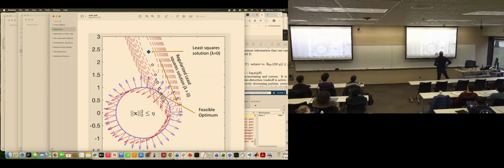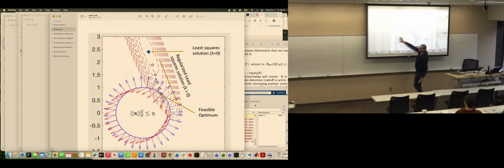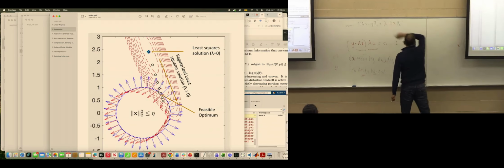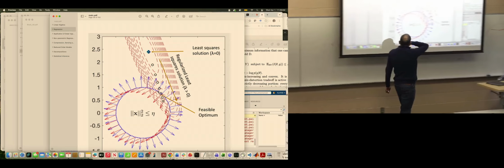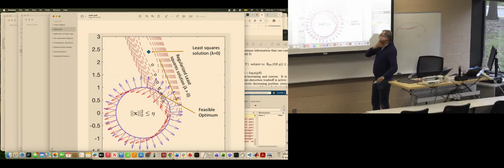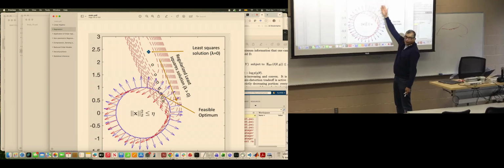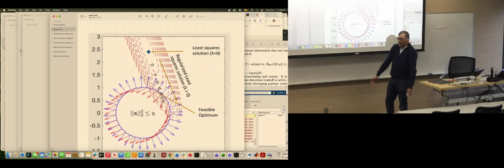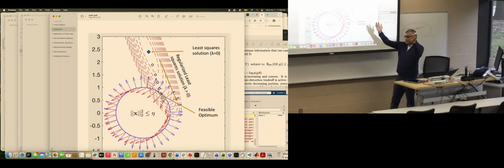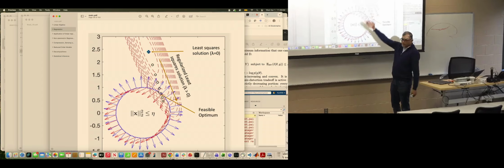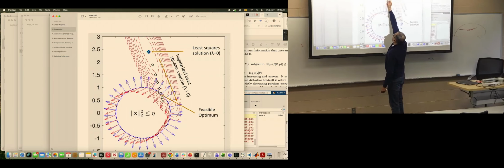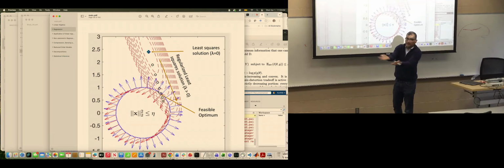This is what happens, okay? Forget the circles. If you plot contours of the 2 norm of Ax minus y as a function over x space, this is how it will look. It's going to look like a nice paraboloid. If you cut it, these are all a bunch of ellipses. These are contours. So in 3D space, it's a nice paraboloid. And this would be your least squares solution, wherever Ax minus y has minimum value.